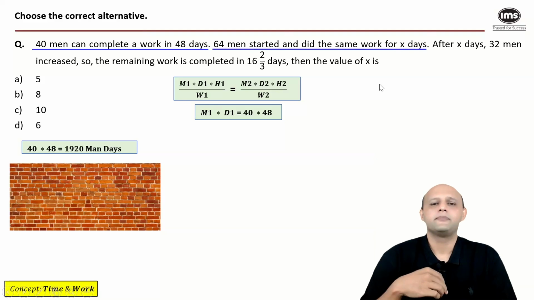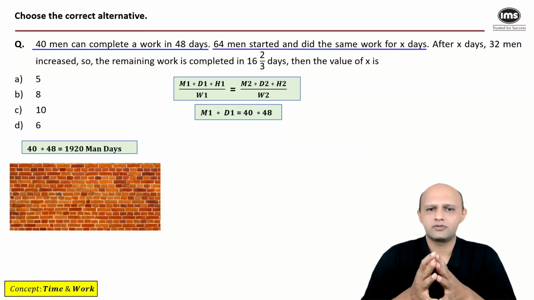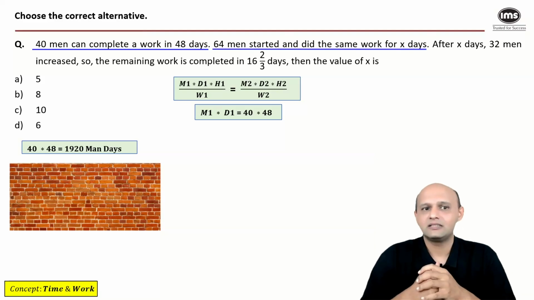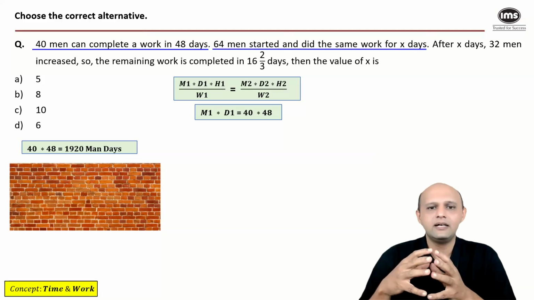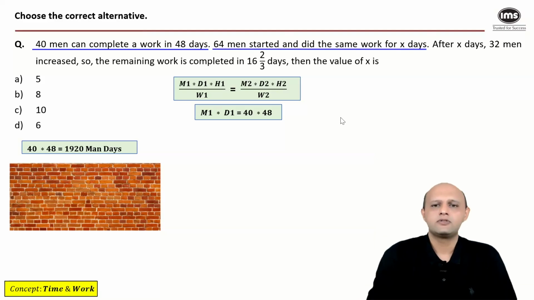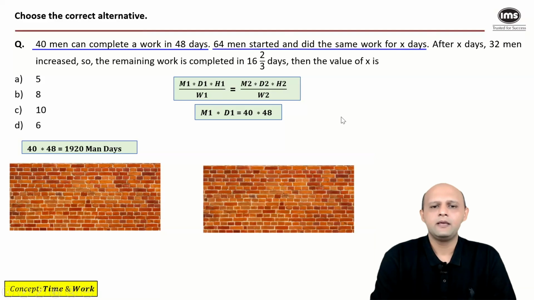Now the statement breaks it into 2 parts. So 64 men working for X days, and after X days, 32 men have increased. So it has been done by a different number of men in terms of the workforce. How would it look? Part of the work has been done by 64 men, and after X days, 32 men increased.